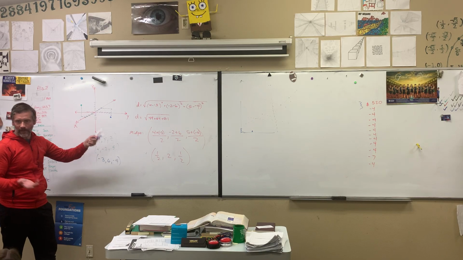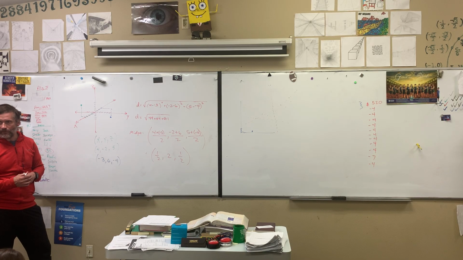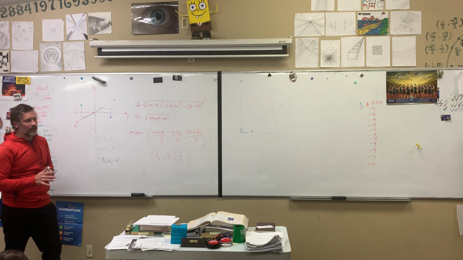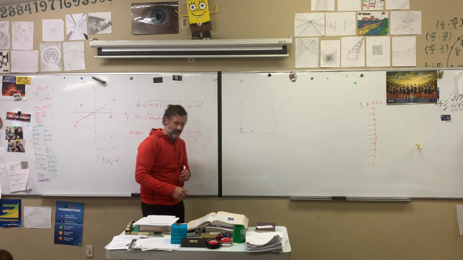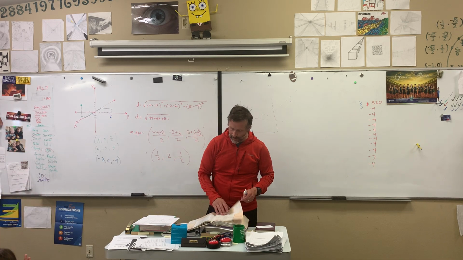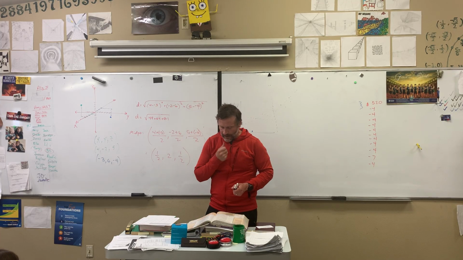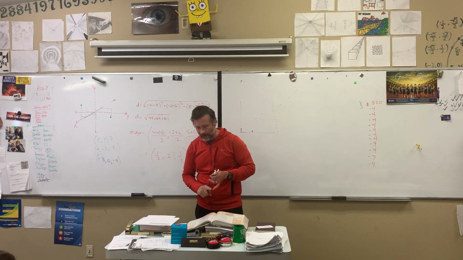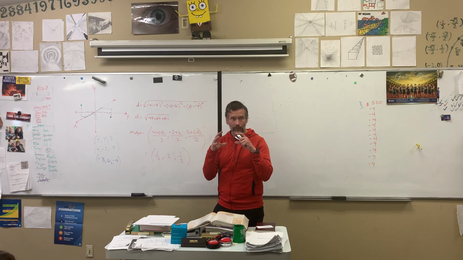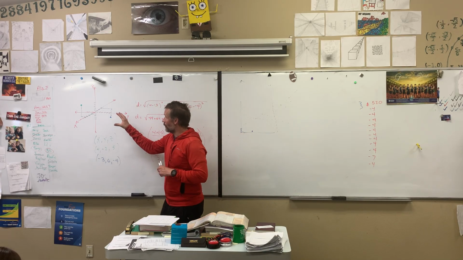Sure, that could be my midpoint. It's close enough for a sketch graph. So that's all that adding a third component does, it allows you to have an x, y, z plane.